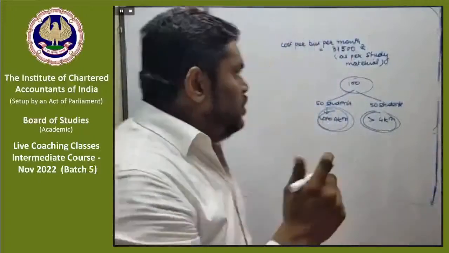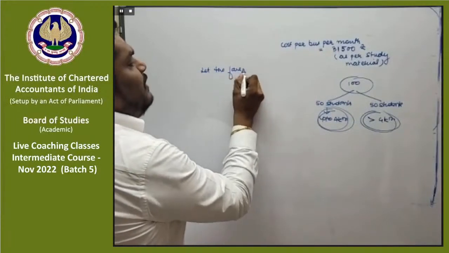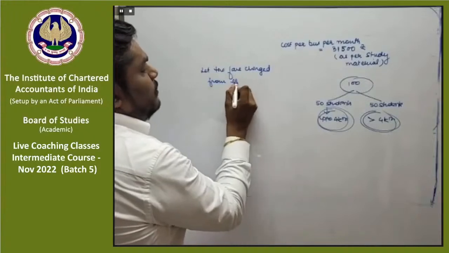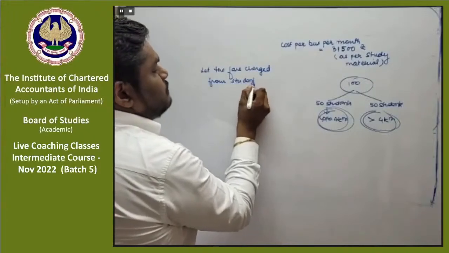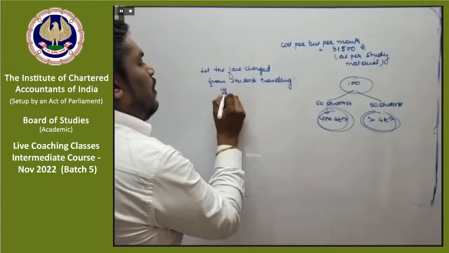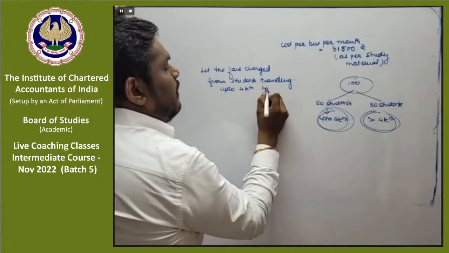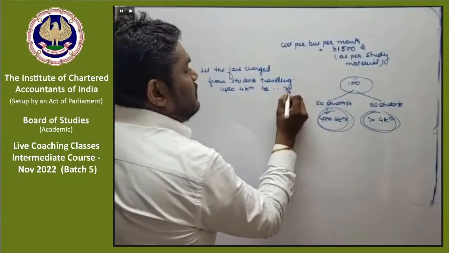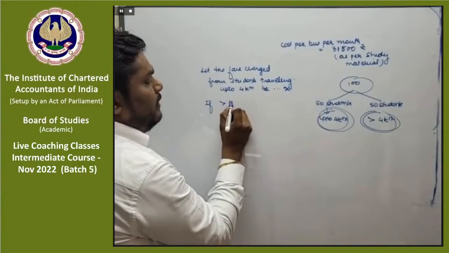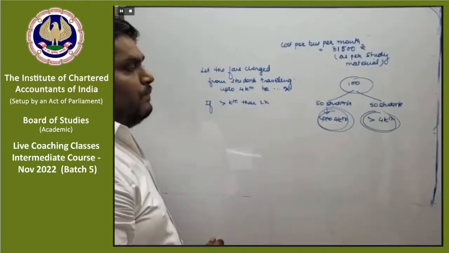So let the fare charged from students traveling up to 4 kilometers be x. So if more than 4 kilometers, then 2x.